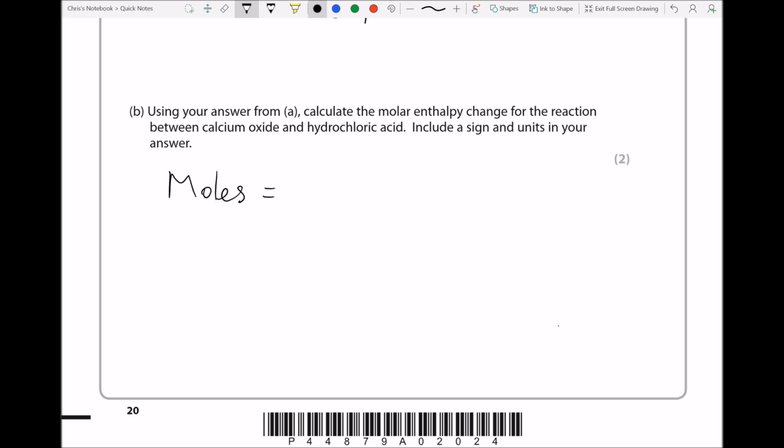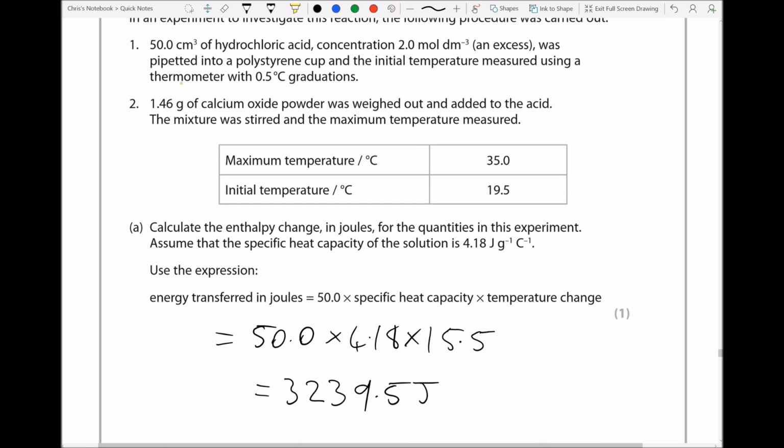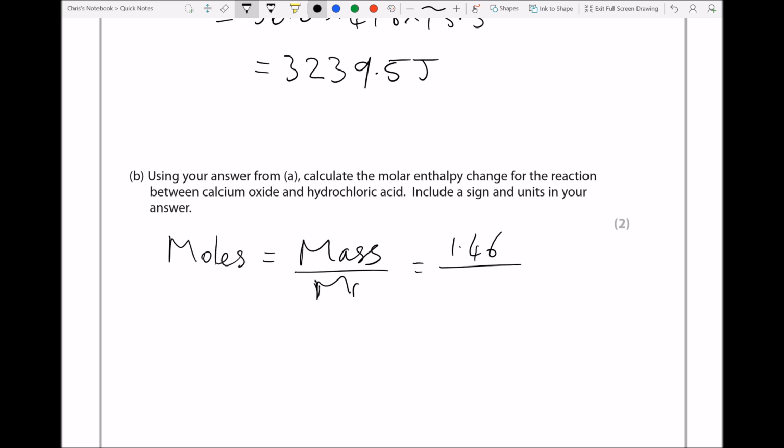So we've got moles equals, and obviously this is going to be mass over Mr. Now the mass that we used of your calcium oxide was 1.46 grams. So we're going to put the mass there, because moles equals mass over Mr. So the mass is going to be 1.46 grams divided by the Mr. Now the Mr of your calcium oxide, if you use your periodic table to work that out, you should get an Mr of 56.1.